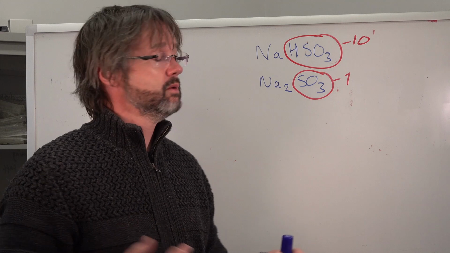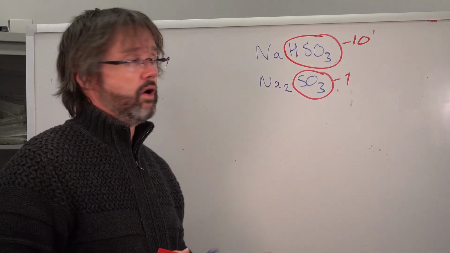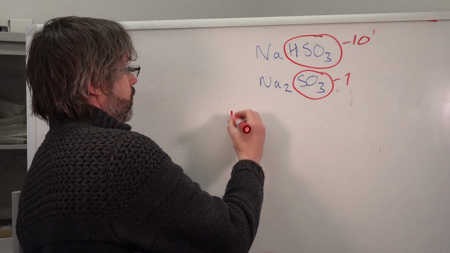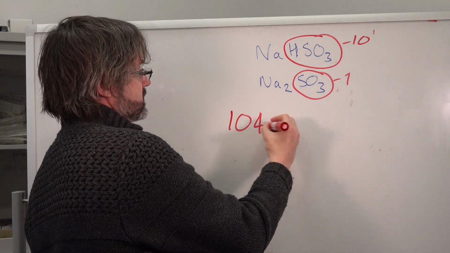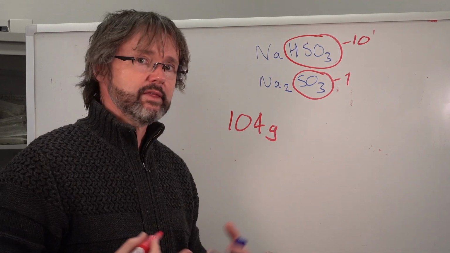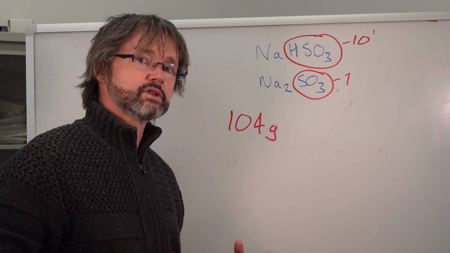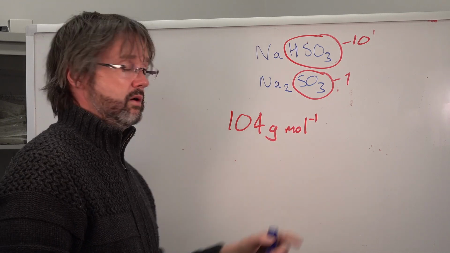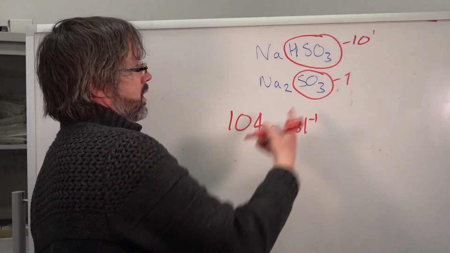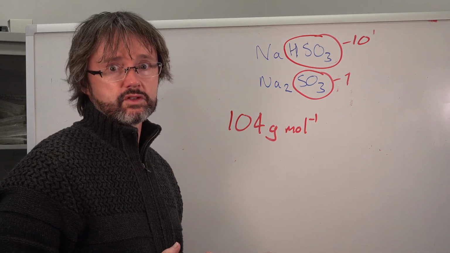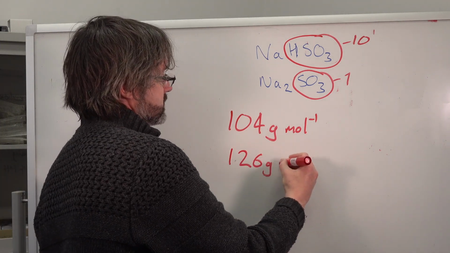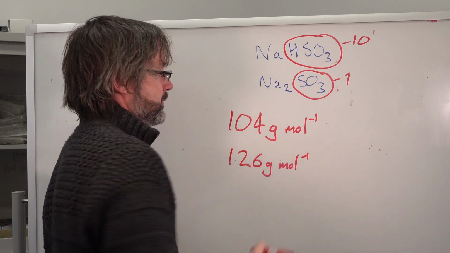So for example, 1 mole of sodium hydrogen sulfite weighs 104 grams. We might say that it weighs 104 grams per mole. The -1 up there meaning per, of course. And 1 mole of sodium sulfite weighs 126 grams per mole.